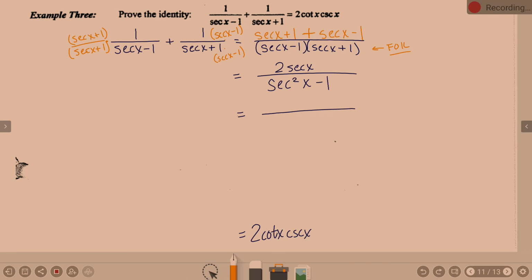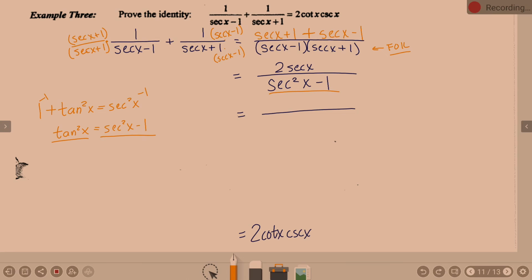And the Pythagorean identity in our notes is 1 plus tangent squared x equals secant squared x. I think that's the way it's written in our notes. And so right here, secant squared x minus 1, well, subtract the 1 over, yes. Tangent squared x equals secant squared x minus 1.